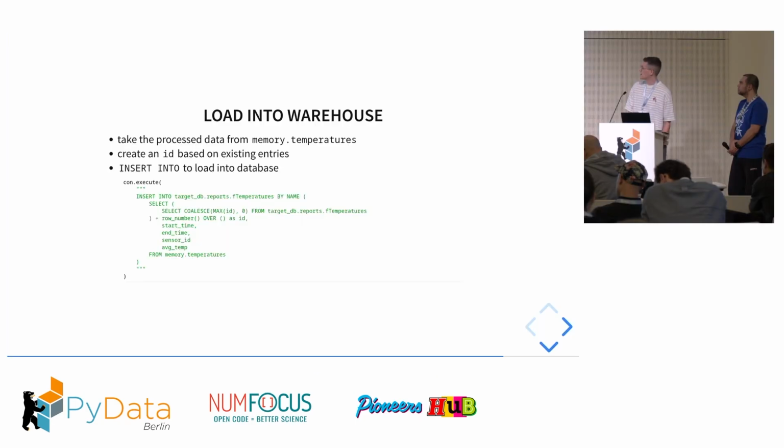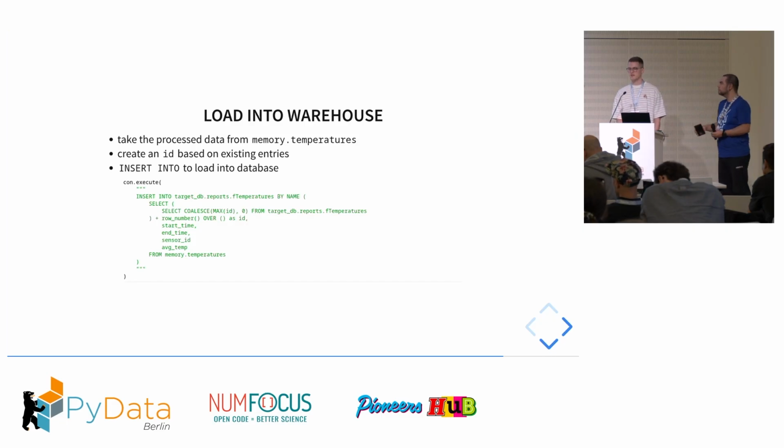What it probably isn't ideal for is loading it into the warehouse, because when you see the code, there's a line that basically creates an index based on the data that is available in the data warehouse, and then increments that. So it's not ideal for this type of situation, but in general, I haven't had any problems with that.